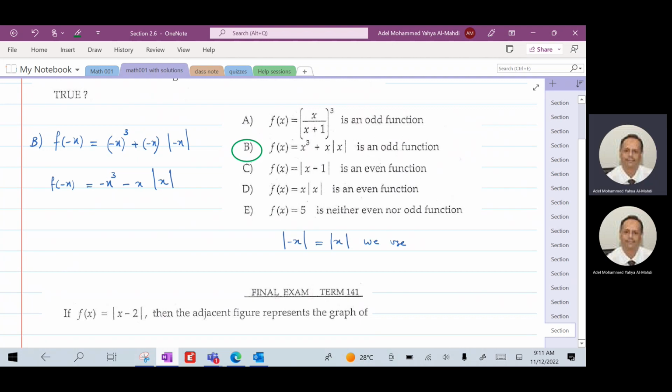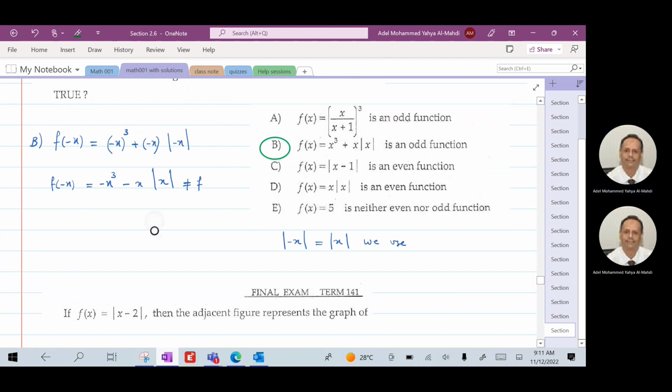Then this one is not the same as f. It is not f, so it is not even. So it means this one is not an even function. Now, the last step, we take minus outside to see whether it is minus f or not.